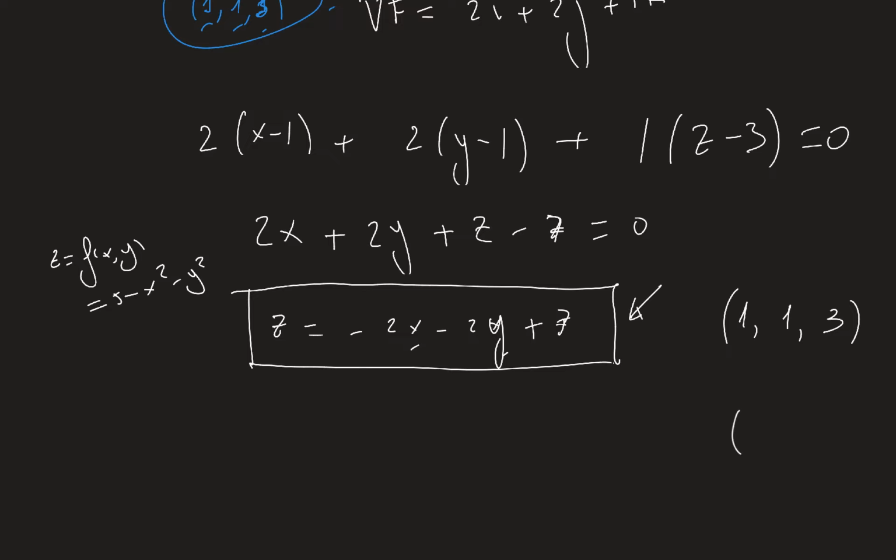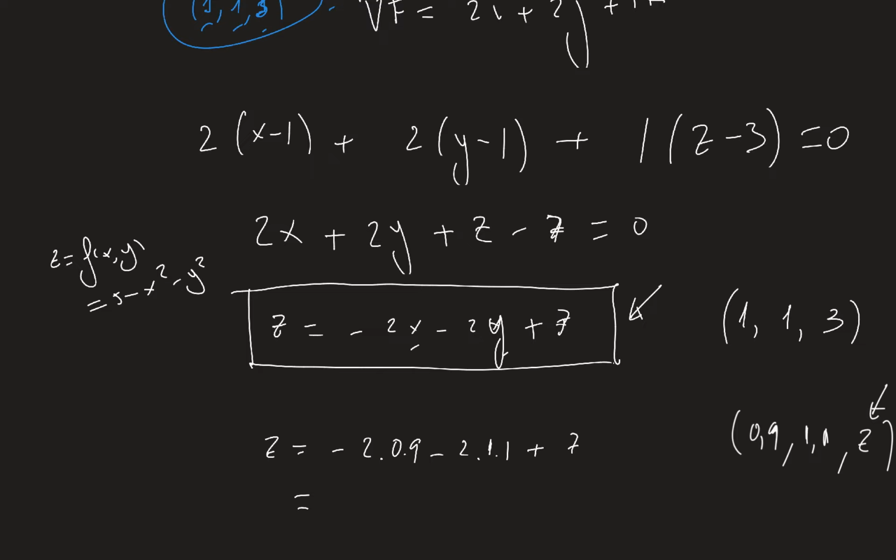Now imagine that you move to the point 0.9, 1.1, and c. You want to know what c is, the new height at this point. So the z at this point will be minus 2 times 0.9 minus 2 times 1.1 plus 7.